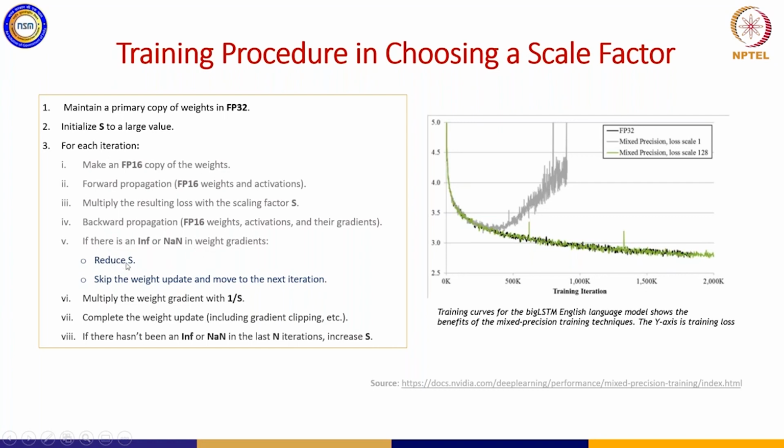If that occurs, you need to reduce the value of that scaling factor X. You reduce it from the initial one, then you skip the weight update. You wouldn't update because you can't update with an infinity or a NaN value in your weights. So you skip that, and after you have reduced, you start all over again.